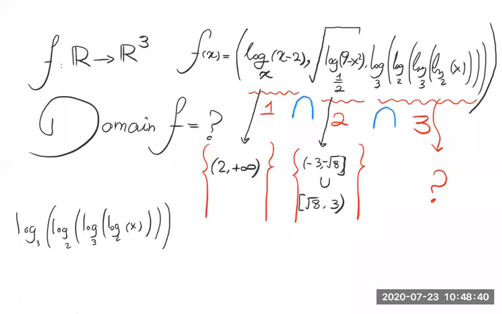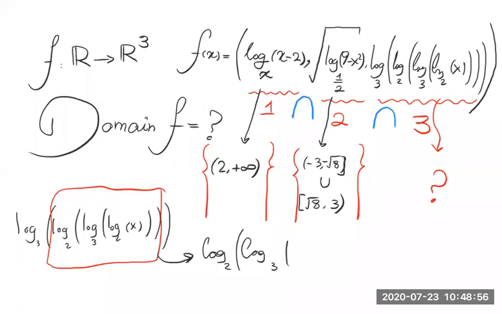We are taking the log of the whole thing, so the whole red box here should be positive. What is that? Log in base 2 of log in base 3 of log in base 2 of x. That thing should be positive.